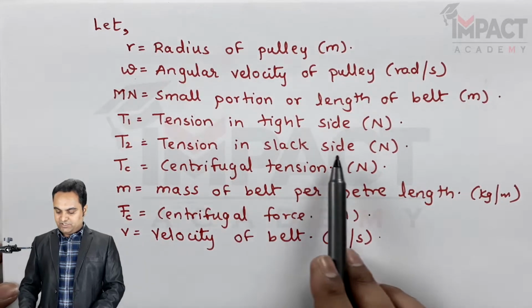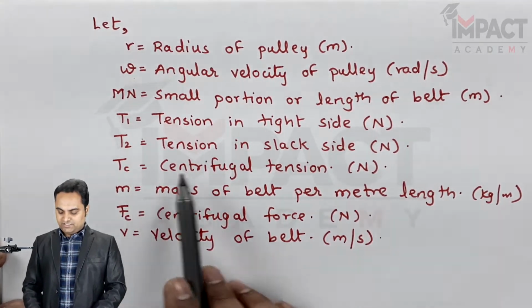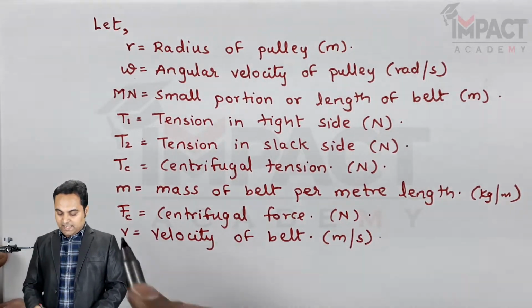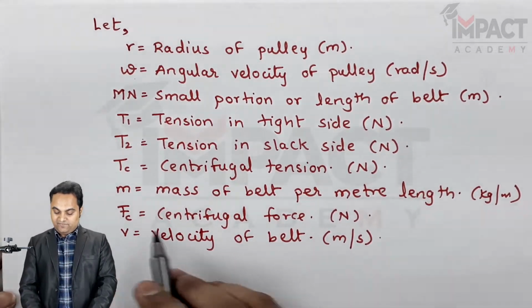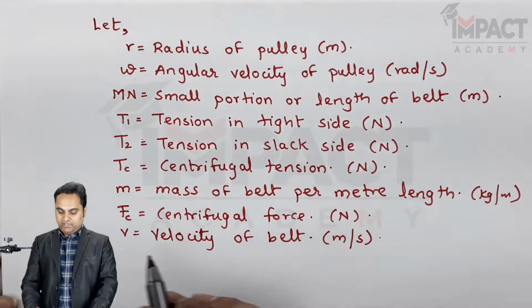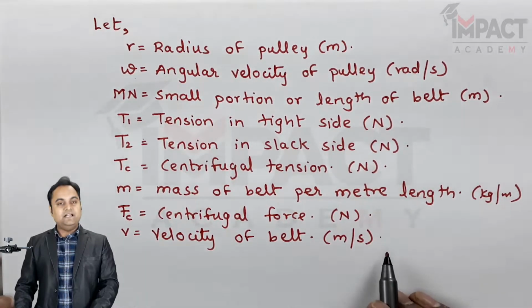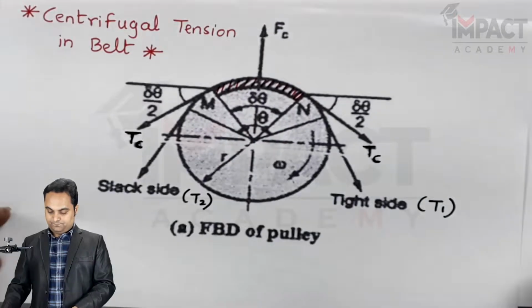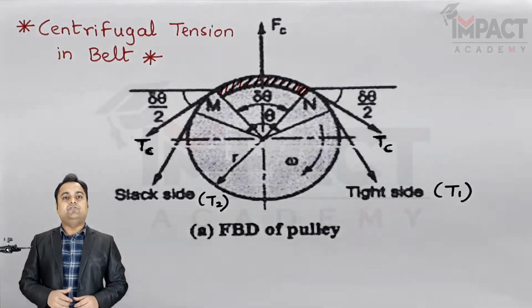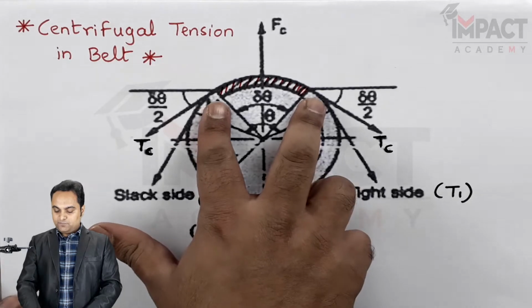Similarly, T2 is the tension in slack side, again Newton, and centrifugal tension is Tc. m is the mass of the belt per meter length, kg per meter. Fc is the centrifugal force in Newton, and V is the velocity of the belt, in meter per second.